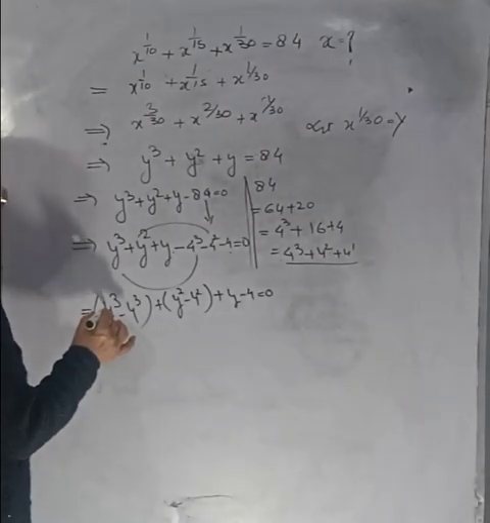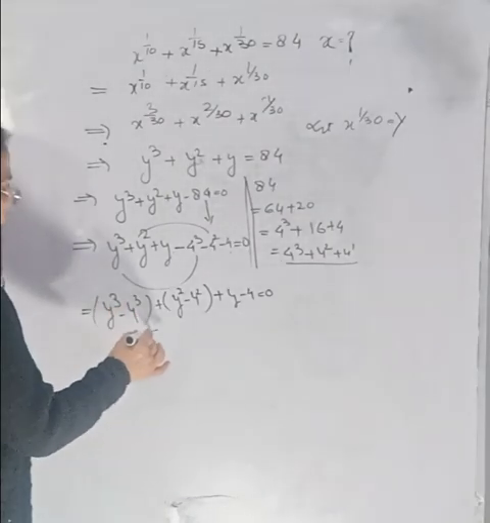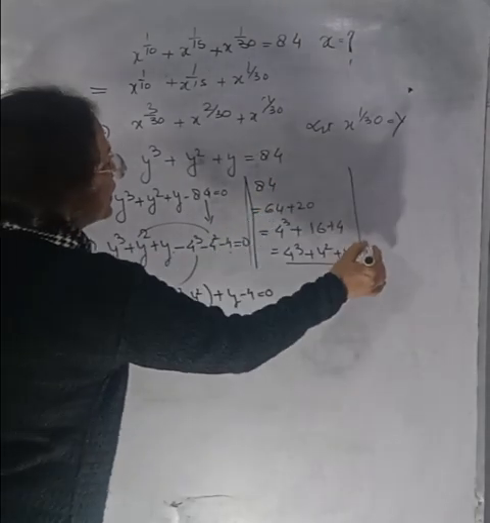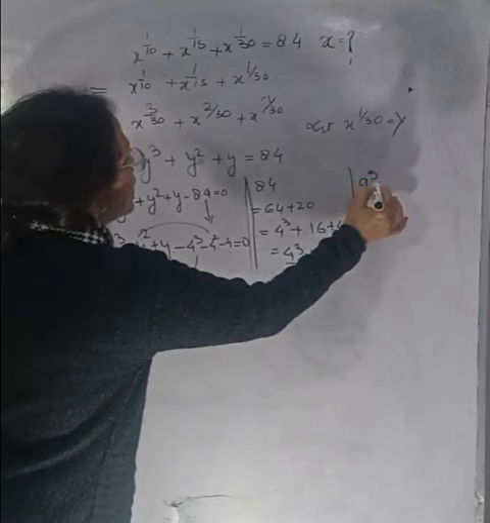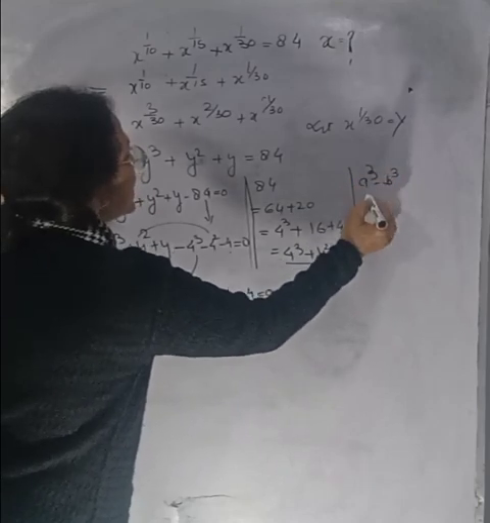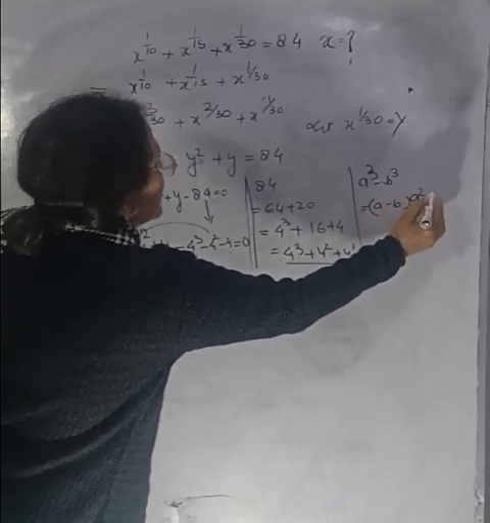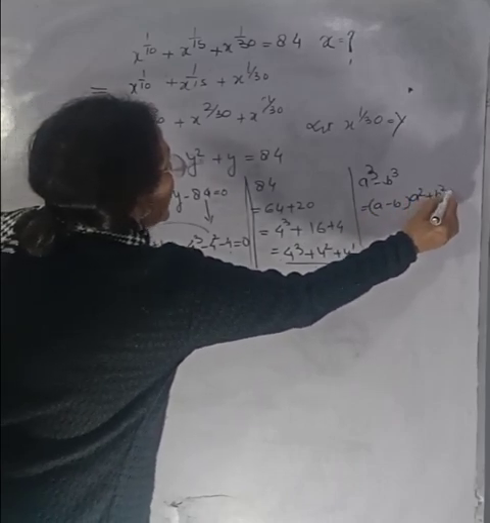We know the formula that a cube minus b cube can be written as (a minus b) into (a square plus b square plus ab).